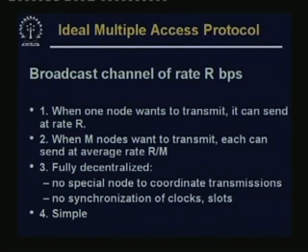So, what is the ideal of a multiple access protocol? Suppose we have a broadcast channel of rate R bps. Any broadcast channel would have some maximum limit to the rate at which you can communicate over it. That depends on the characteristics of the medium. For example, if the medium is different, this rate R may be different. The rate for a fiber optic cable would be much higher than the rate for a coaxial cable, let us say.